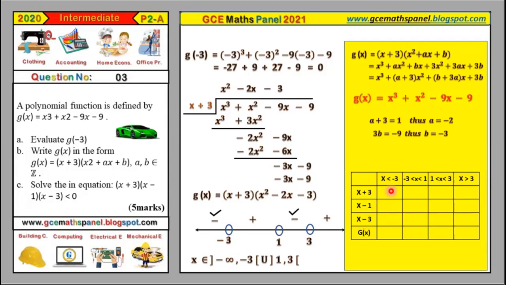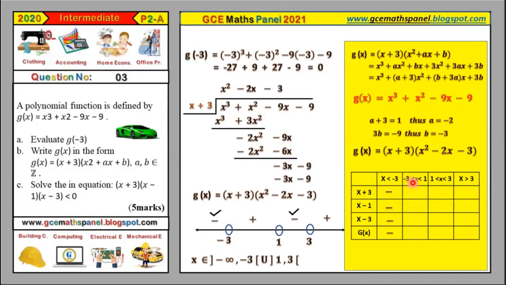If you take a value less than minus 3, for example minus 4, minus 4 plus 3 gives us a negative number. Minus 4 minus 1 gives us a negative number. Minus 4 minus 3 gives us a negative number. So negative times negative times negative is equal to negative.